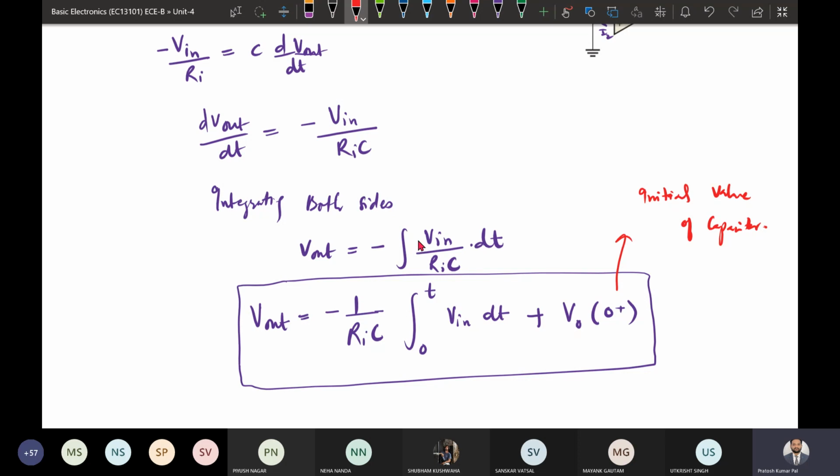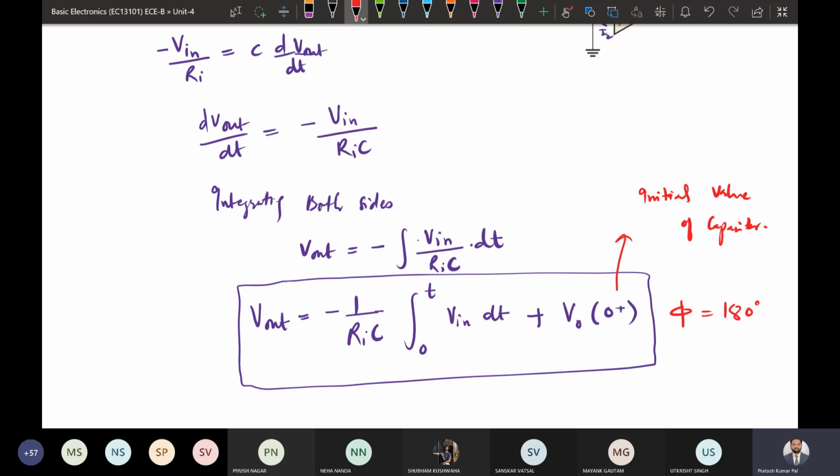Okay, and also it is showing a negative sign, that means the phase will be 180 degrees. Whatever output we get will be 180 degrees out of phase with the input voltage. So whatever input voltage we have applied, the similar output voltage will have a 180 degree phase shift.